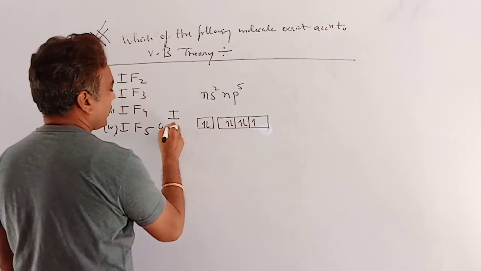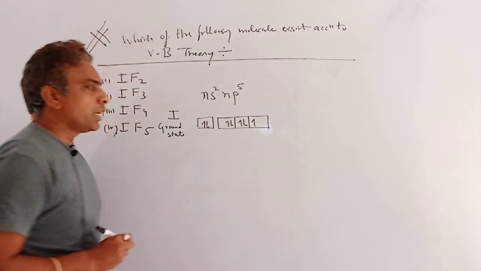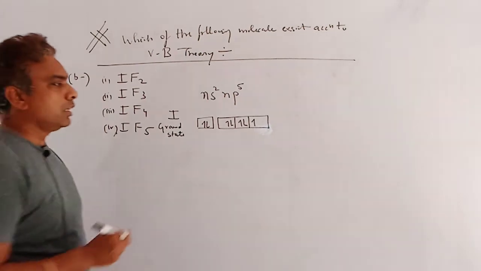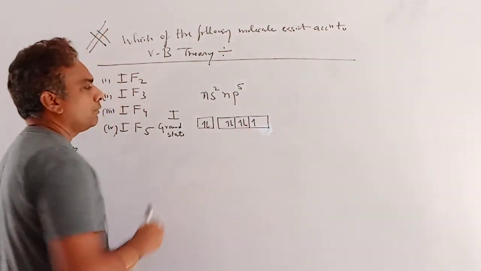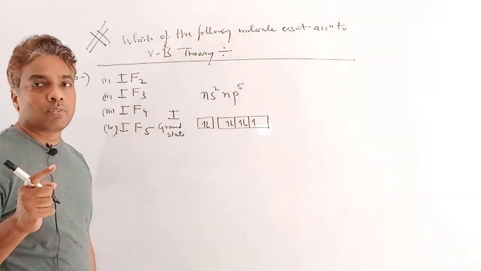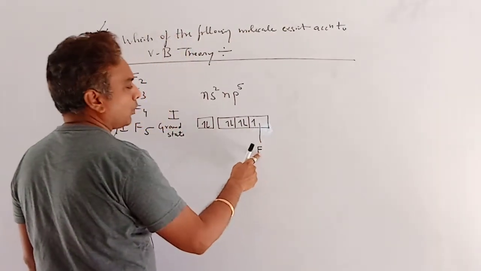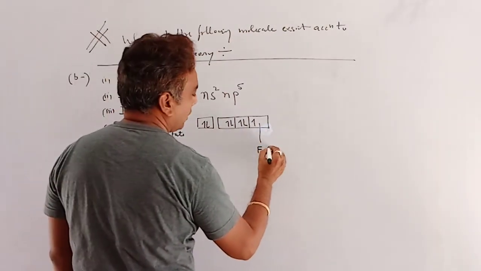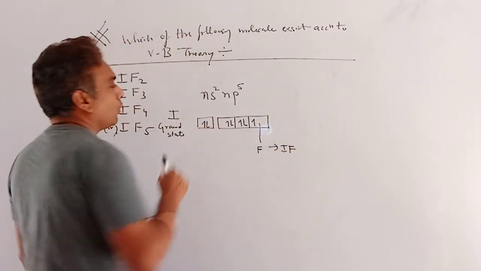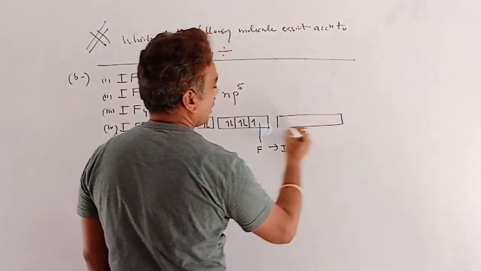This is the ground state, and we can see that in the ground state of iodine, one electron is unpaired. So how many fluorine atoms are required? One fluorine is required to gain the stability of the iodine atom. So with the help of one electron of fluorine, this electron will be paired, and IF is formed in the ground state. But due to being a fifth period element, the d subshell is vacant.